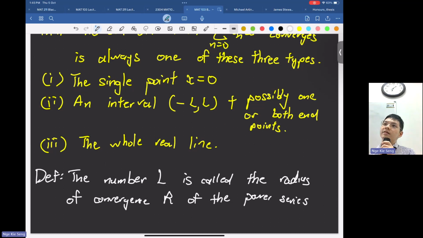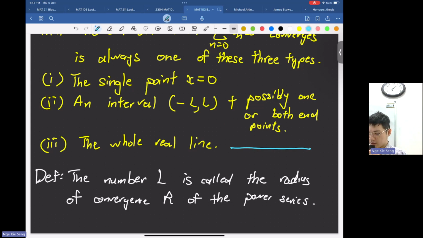Radius of a circle means what? The line from the center to the circle. So this radius here is from where to where? From the 0 to the end of your interval.